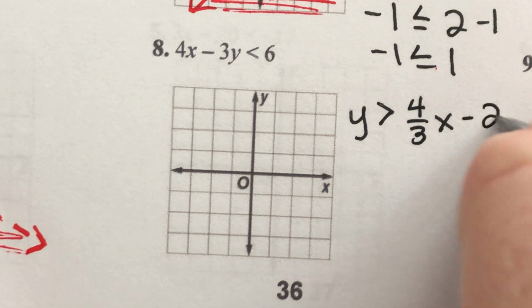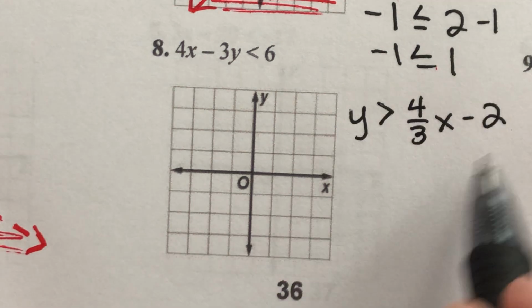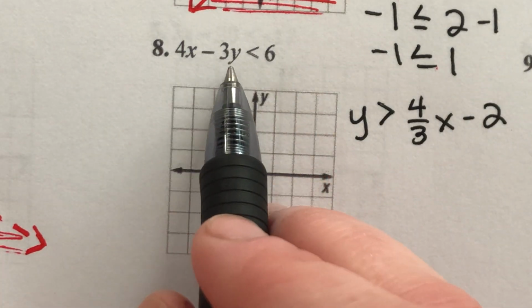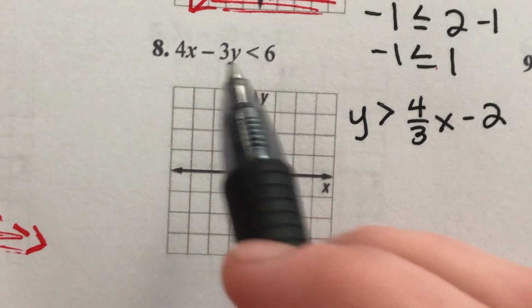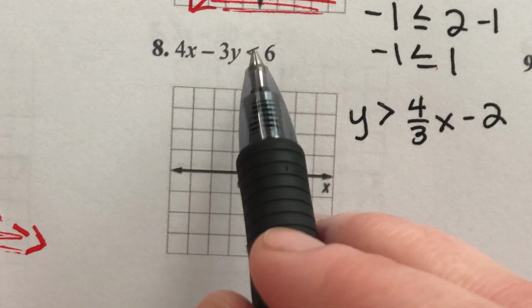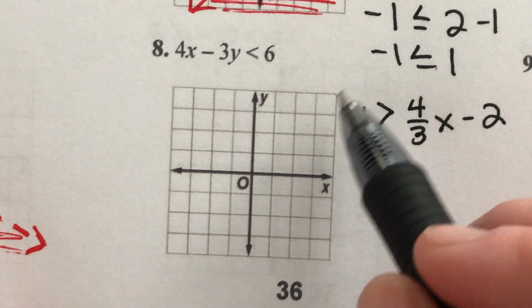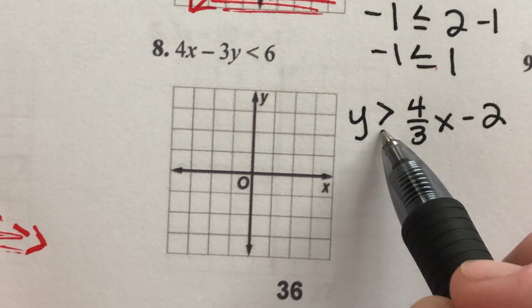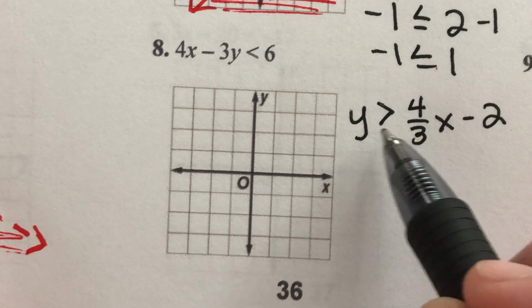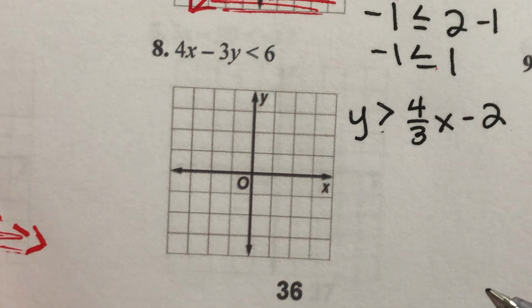So it's going to be minus 2. So our equation's going to look like this. I just took this equation, I got y by itself, and I got this guy. Don't forget, when you divide both sides by a negative sign, your inequality symbol flips. Okay, so here's my line. The shaded part is going to be greater than the line, and it's going to be a dotted line because there's no line underneath the symbol.